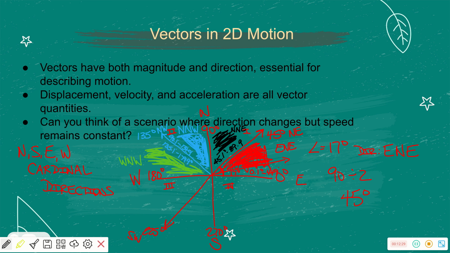Now, from 180.1 to 224.9, everything here in the third quadrant, what would the directional be? West-southwest. Good.